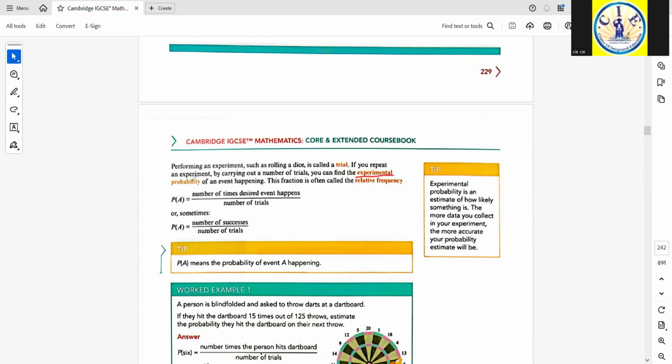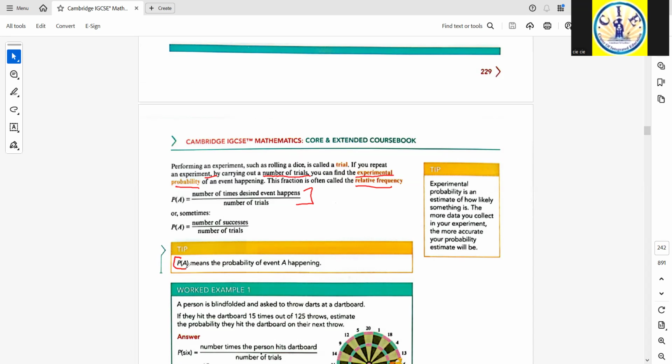The experimental probability: when an experiment is repeated a number of times and the number of trials are carried out, this is known as an experimental probability. It has the mathematical form number of times desired event happens divided by number of trials. This is also sometimes known as the relative frequency.